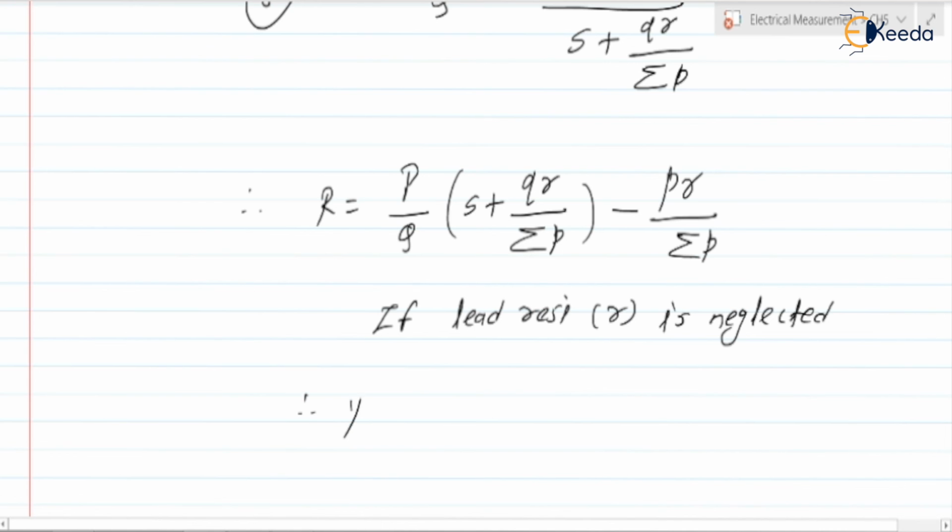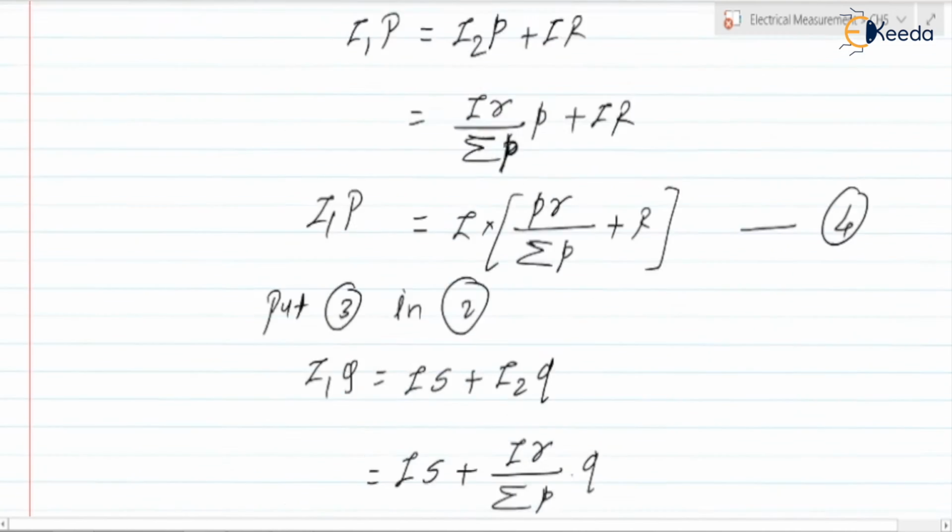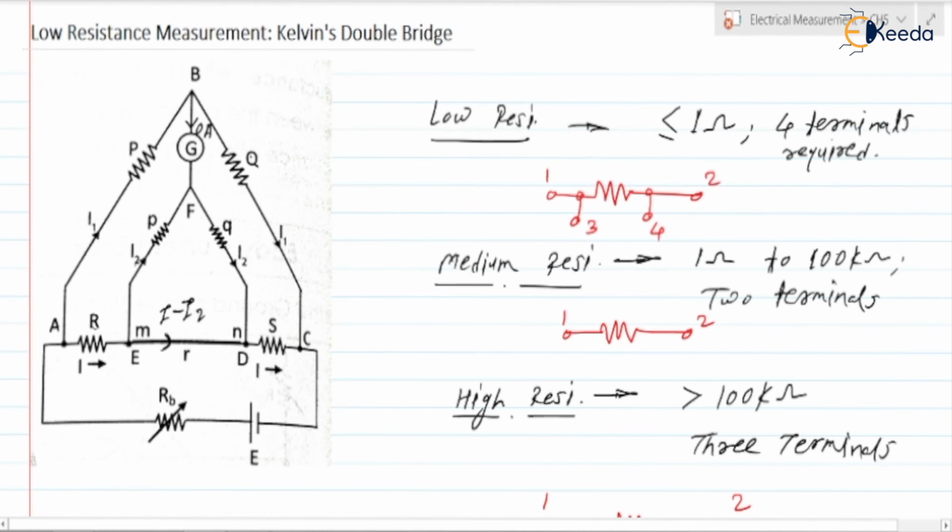So we can write R is equal to only PS upon Q. Are you getting the point? This is the approximate expression if r is neglected, and this is the exact expression for the unknown resistance R. So this bridge is used for very low resistance measurement. It even measures micro ohm resistance very accurately. Okay, thank you.